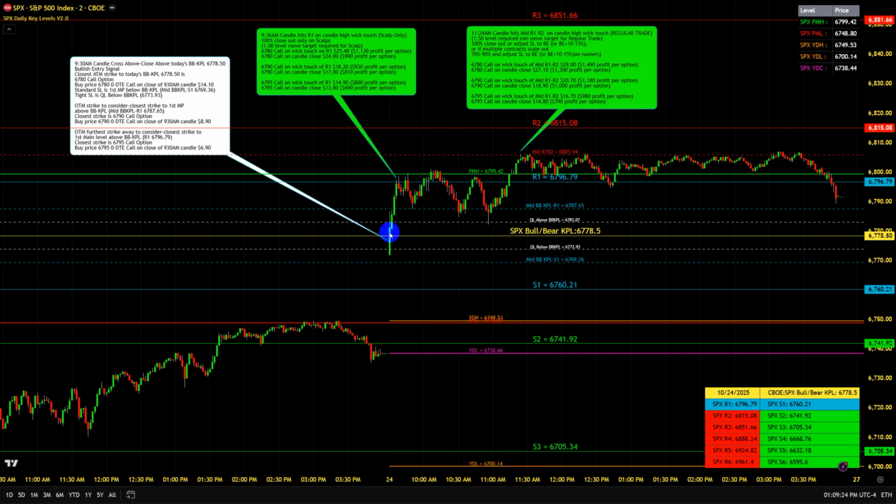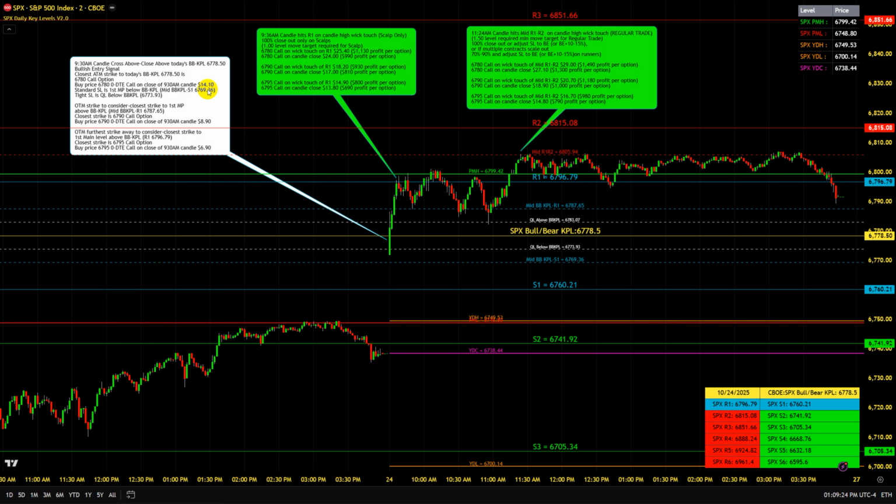I mean, you could wait a few seconds before the close of the candle to enter it, but we're waiting for the close to make sure that if we're taking this 9:30 a.m. opening candle trade, it's actually going to close above or below the bull bear KPL, because that determines whether it's going to be a bullish or bearish entry signal. So on the close of the candle, it is $14.10 for this at the money 6780 0 DTE call.